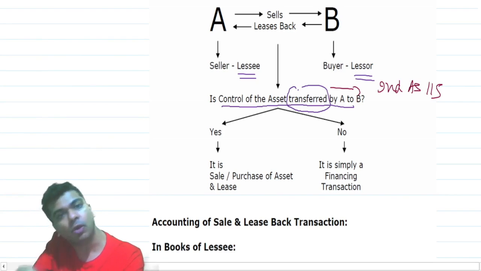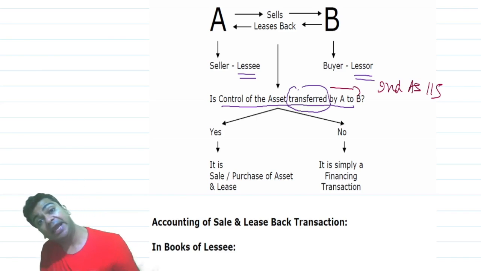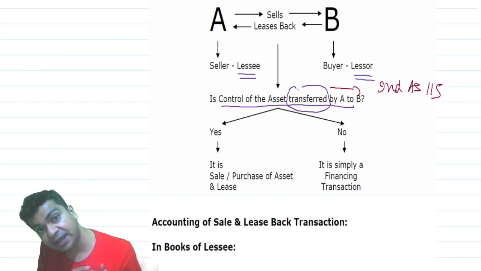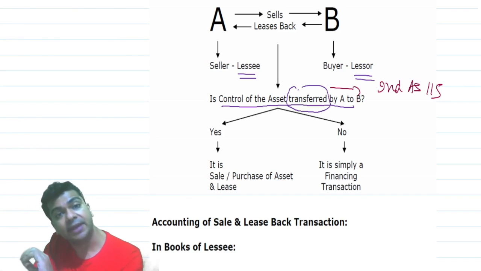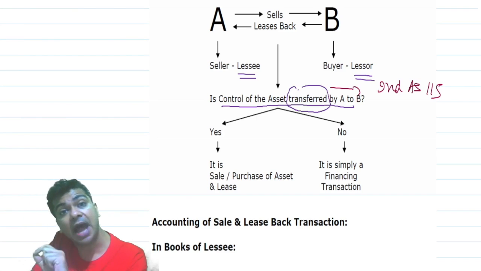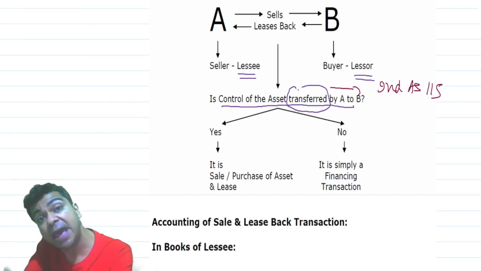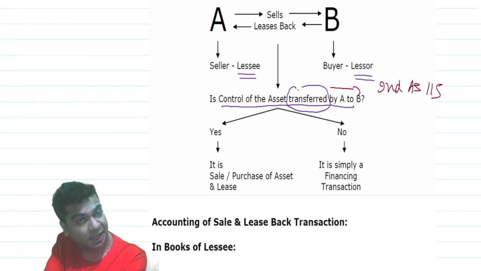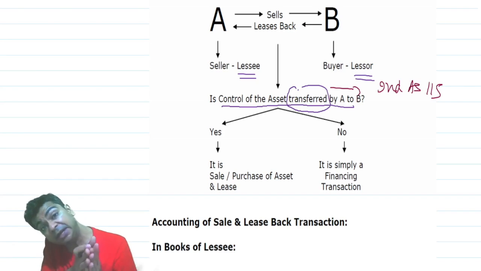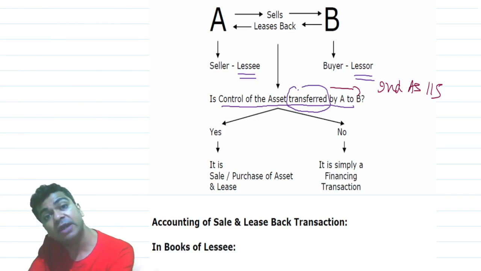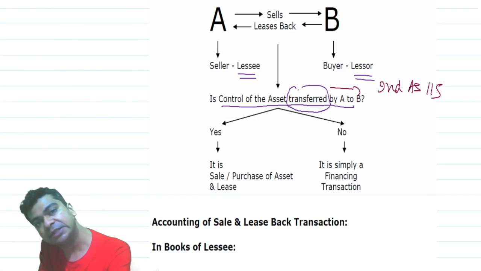Ind AS 115 says that we can say that the buyer is controlling the asset if the buyer can direct the use of that asset, if it is the buyer who is enjoying the benefits of ownership, if it is the buyer who is bearing the risk of ownership, and it is the buyer who can prevent others from enjoying the benefits of ownership. So that is when we can say that control has been transferred.